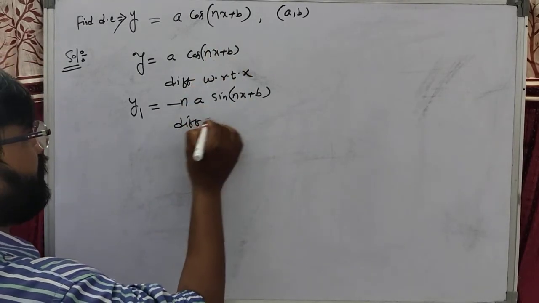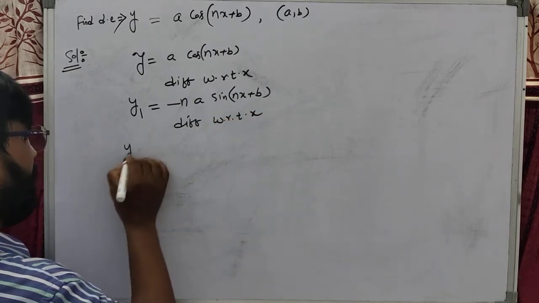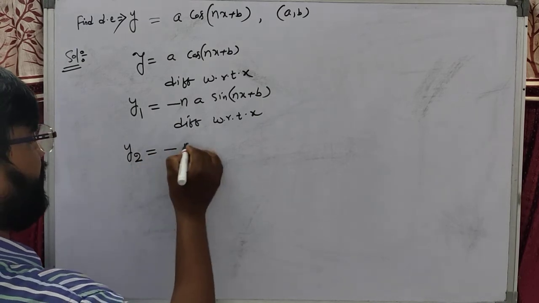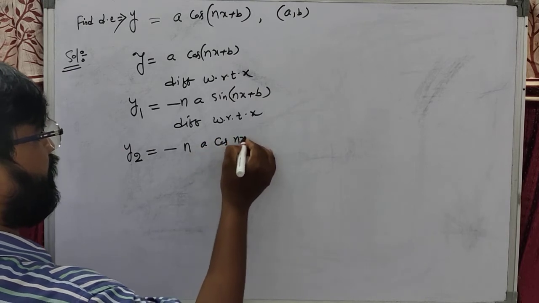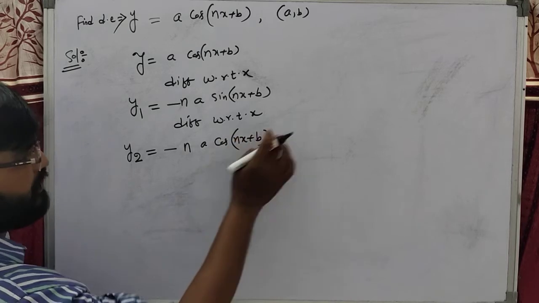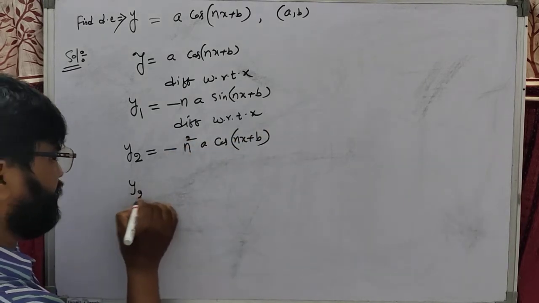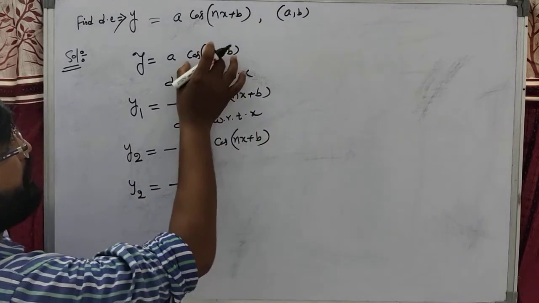Dear students, differentiating again with respect to x, the derivative of y1 is y2. Now this is minus n, the derivative of sine is cos nx plus b, and the derivative of nx is n, so n into n is n square. Dear students, this is y2 equals minus n square a cos nx plus b.